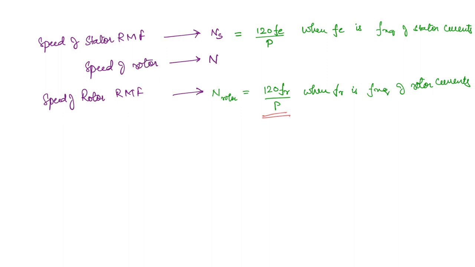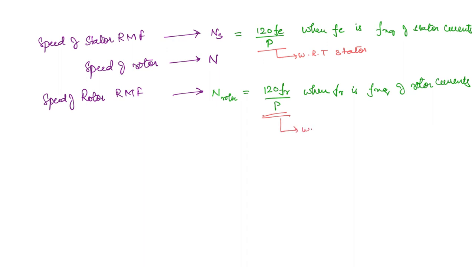Why is that? This formula that we have obtained, Ns is equal to 120 Fe by P, we got it with respect to the stator poles, right? So similarly, even for the rotor RMF, when you use the same formula, it will be with respect to the rotor poles. So the first speed is with respect to the stator. Since the stator is stationary, there is no problem here.